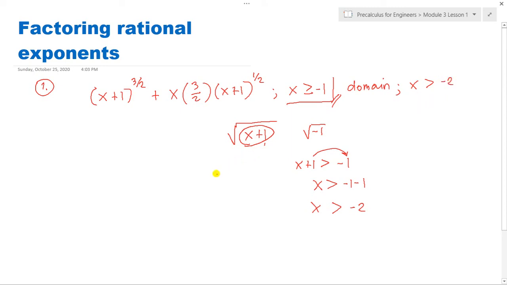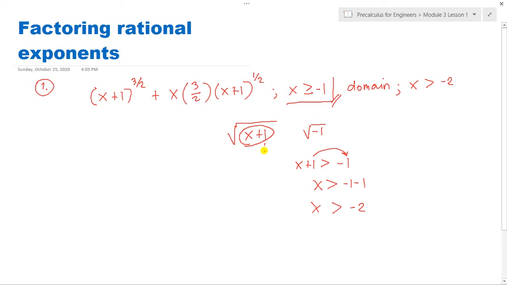Because if x is negative 2, then negative 2 plus 1 is negative 1, and the square root of negative 1 is undefined. It becomes an imaginary number, no longer a real number. If x is less than negative 2, let's say negative 3, then negative 3 plus 1 is negative 2, so it is still not allowed, imaginary. Therefore, your domain should be greater than negative 2.